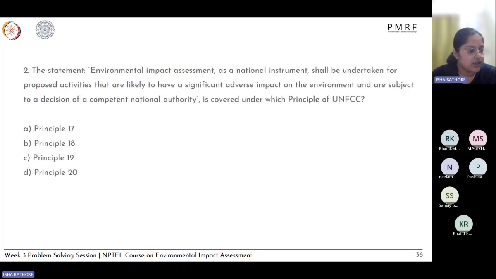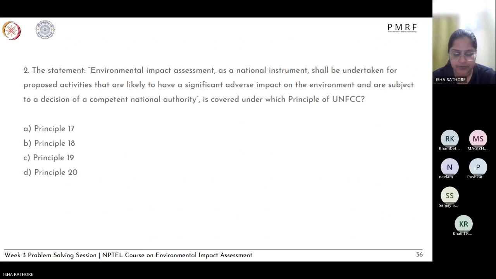Okay, moving on. The statement: environmental impact assessment as a national instrument shall be undertaken for proposed activities that are likely to have a significant adverse impact on the environment and are subject to a decision of a competent national authority, is covered under which principle of the United Nations UNFCCC Forum for Climate Change.